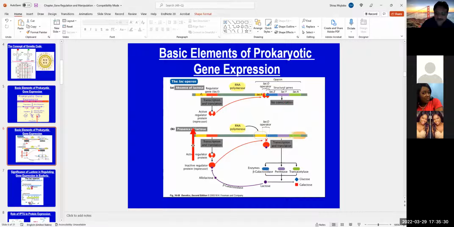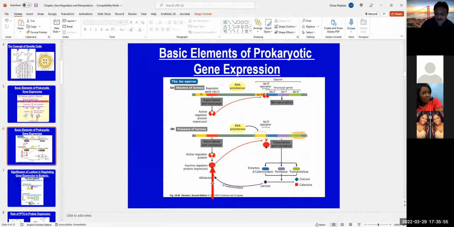But in the presence of lactose, where bacteria have to utilize lactose because there's nothing to eat, they need to generate energy. So lactose comes into the picture. Now what happens? There's an inducer called allolactose that binds to the repressor, and the repressor cannot function.